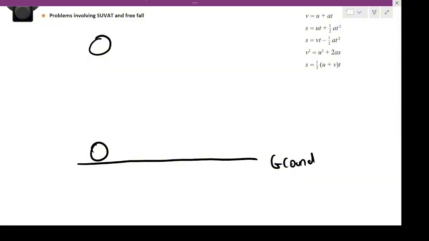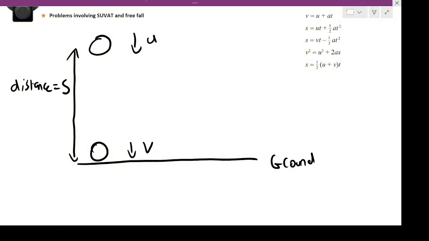Then it's going to have an initial speed U downwards, and then a final speed V. Now the distance is going to be S, and the time taken for it to fall is going to be T.